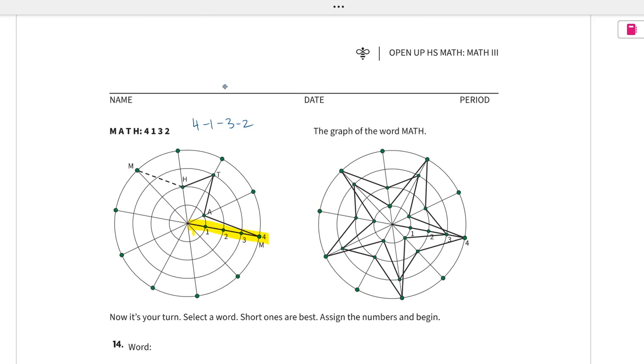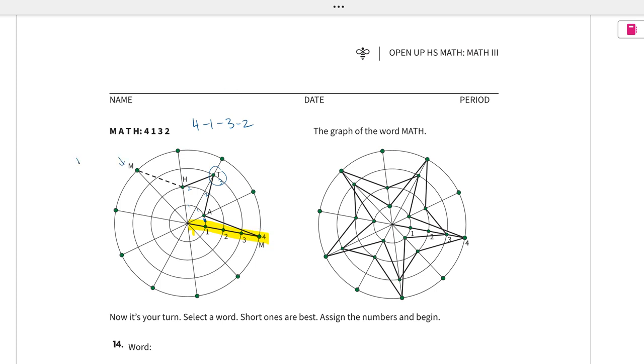So notice that the next spoke up is the first one, or 1. Here's 1, 2, 3. So there's the 3, M-A-T. And lastly is 2, right? 1, 2. So now that we've completed one full cycle, you go back to 4.